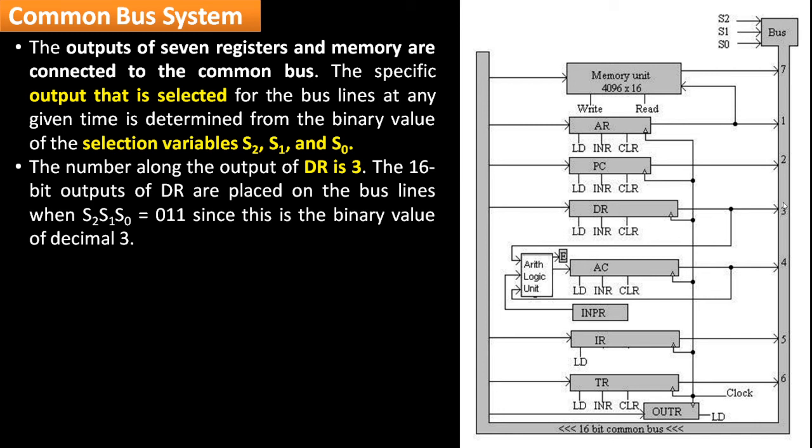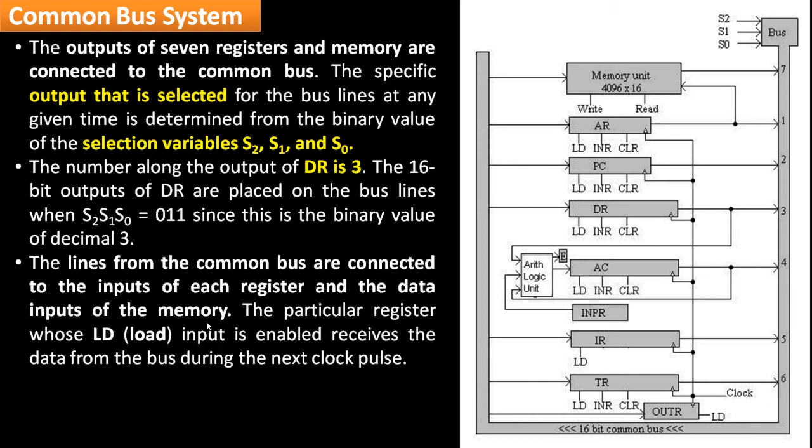Here the 3 means the decimal equivalent of the binary combination of the selection variables. To select or enable DR, we need to have a 3 in the selection variables. DR is 3 means 0, 1, 1.